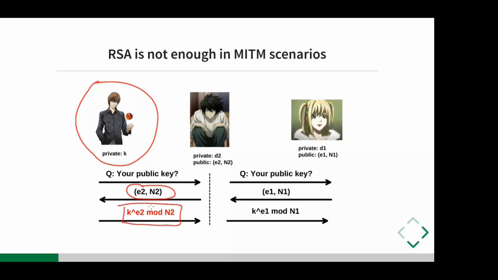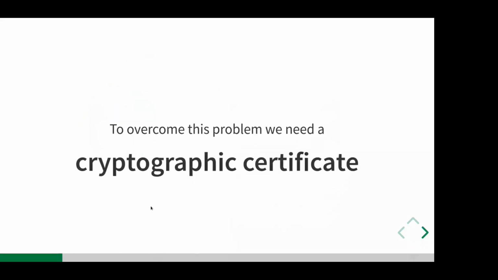Mathematically we know that when we encrypt with this public key, only the owner of the private key associated to that public key can decrypt. But who is this owner? That's the problem we are left with. We don't know the owner of these keys.